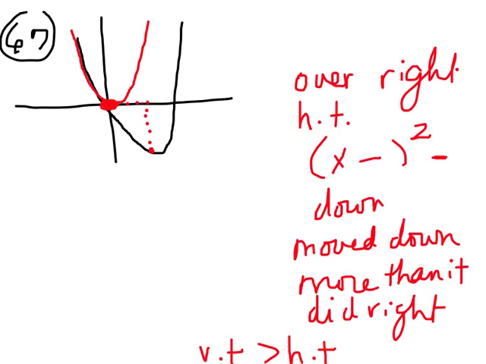I'm looking for something that's not upside down, so there's not a negative out front, so we'll mark out some of our choices. It should look like this, and I want the bigger number on the end where the vertical translation is. So there's a number that's going to go there, and a number that's going to go there, and this should be the larger number.